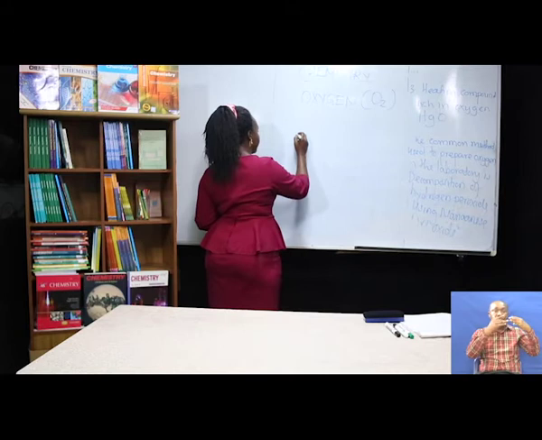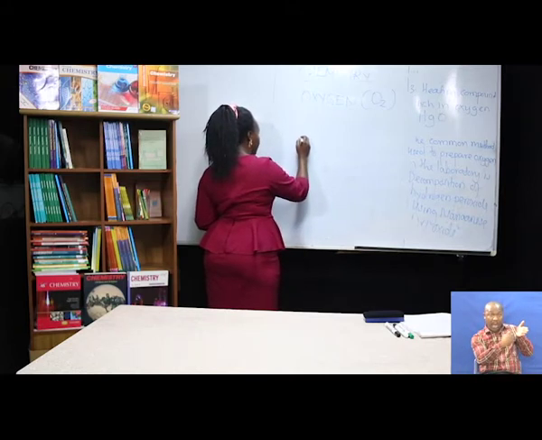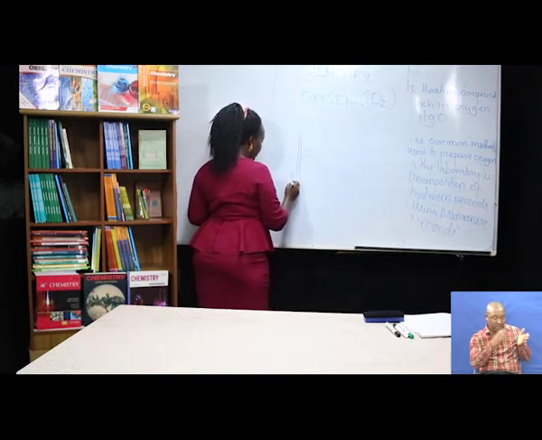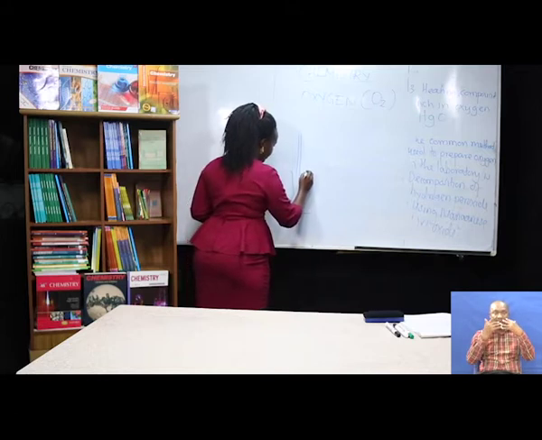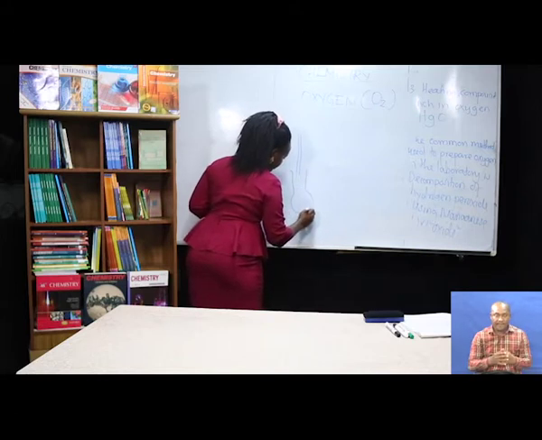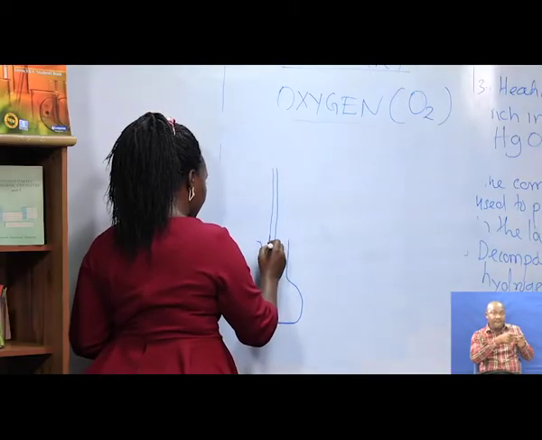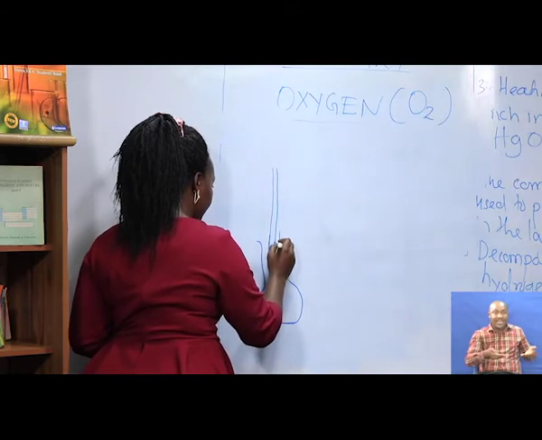It is just a simple diagram for preparation of oxygen gas. This is what you call a flat-bottomed flask.